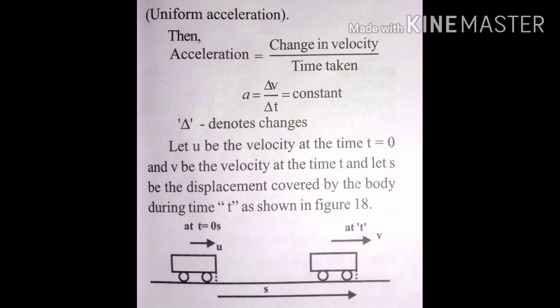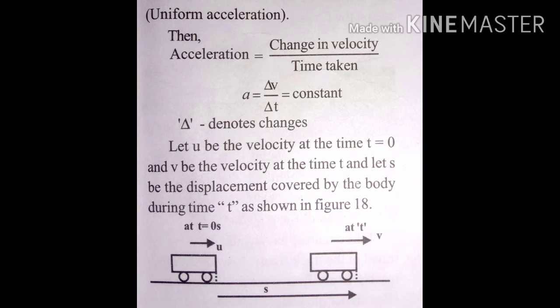The acceleration is denoted by small a, equal to delta v by delta t, where delta v by delta t is constant. Here delta denotes change. So change in velocity by time taken: a equals delta v by delta t.